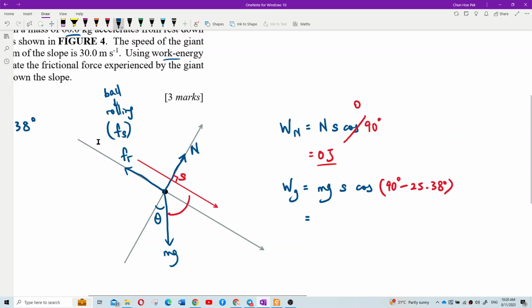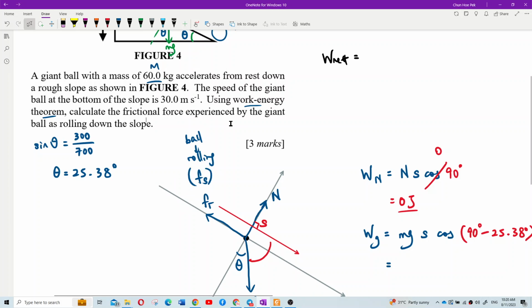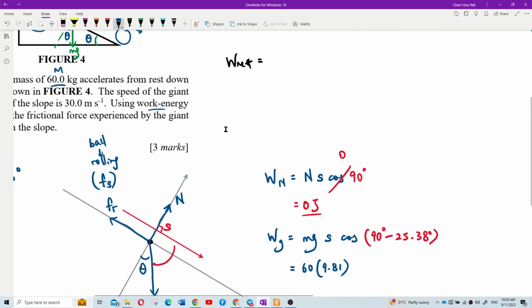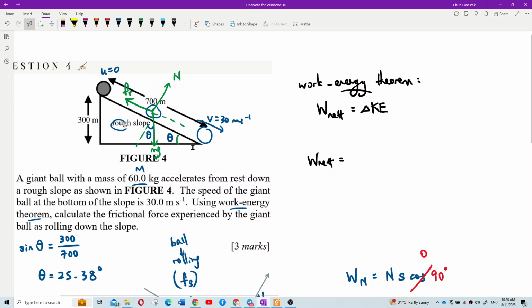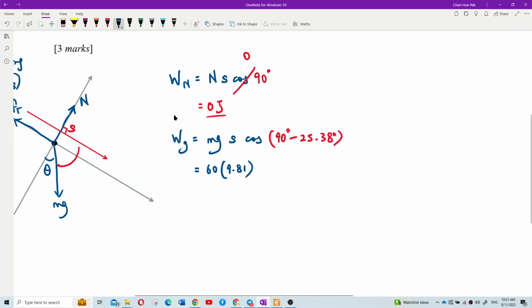So mass given 60 kilogram, 9.81. Displacement is 700, cosine. So 90 minus 25.38, so it's 64.62.